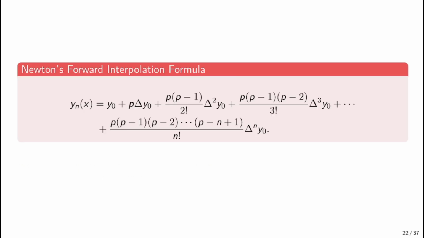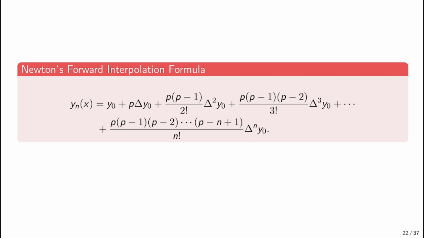Let us quickly recall what is Newton's forward interpolation formula. Yn of x is equal to y naught plus p delta y naught plus p times p minus 1 divided by 2 factorial delta square y naught up to p minus 1, p minus 2, p minus n plus 1 divided by n factorial delta to the power n y naught.